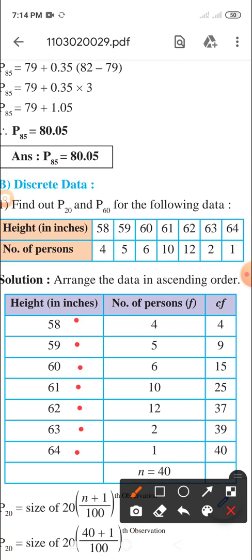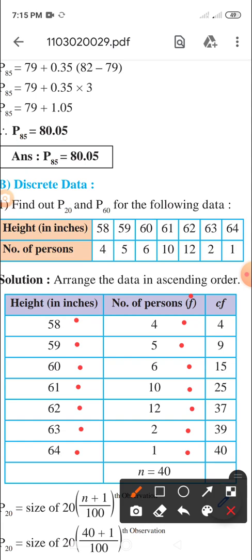Next step, write down the frequencies, that is, the number of persons, f, in front of their values: 4, 5, 6, 10, 12, 2, 1.